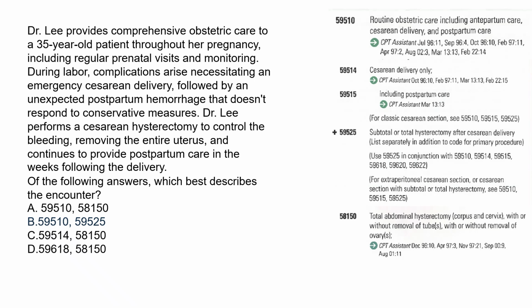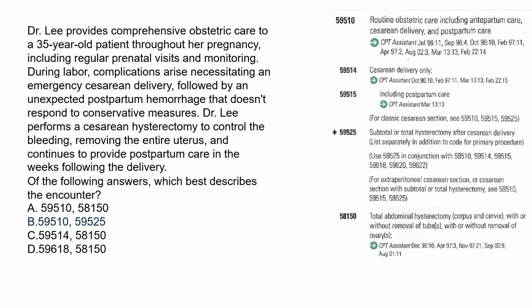So what has happened here is this gynecologist provided the antepartum care, the intrapartum care, and the postpartum care. And what happened here is they had to do the cesarean delivery, which they did, but afterwards there was profuse bleeding, and the gynecologist couldn't stop the bleeding by the regular means, and then they had to go for the cesarean hysterectomy. So these are the data points that we have got from this particular question.